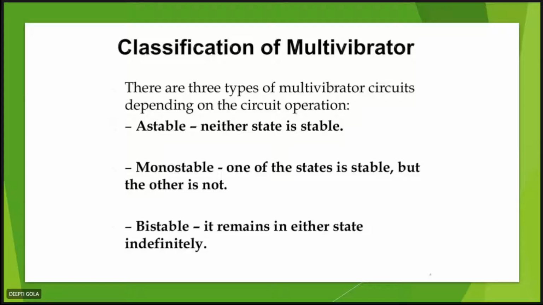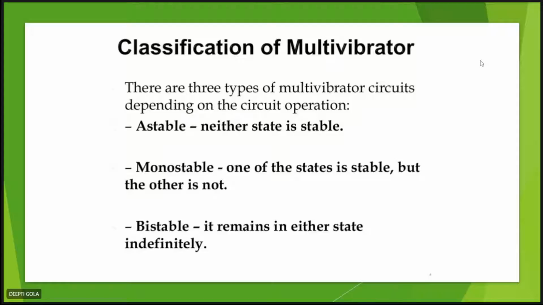So you can imagine it like a square wave. If you are giving a square input, then what will happen for an astable multivibrator? You need not give any external trigger. Once you have applied some input, some square wave input once, it will automatically vibrate between the two unstable states.